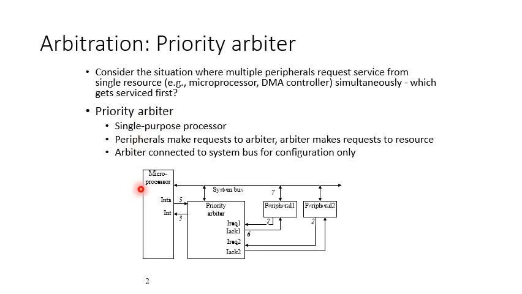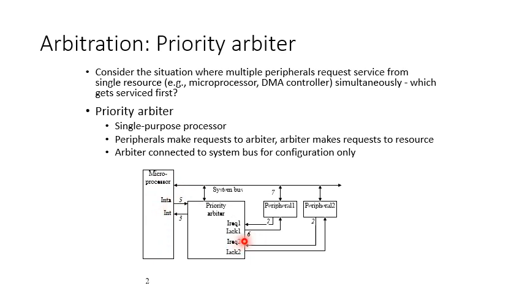In the priority arbiter, there is a single purpose processor, which is going to act like a priority arbiter. You can see in the diagram that we have a microprocessor, a system bus connected to it, and peripherals connected to this system bus for accessing microprocessor services.